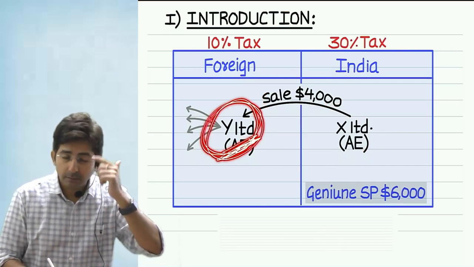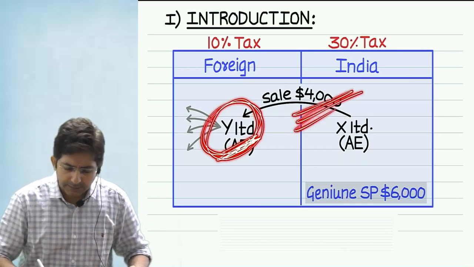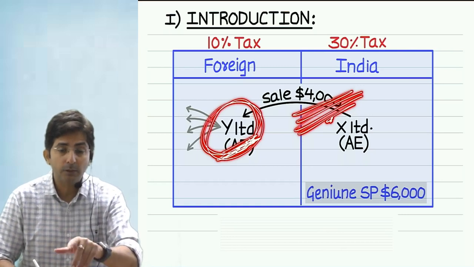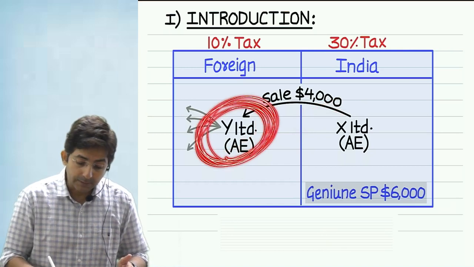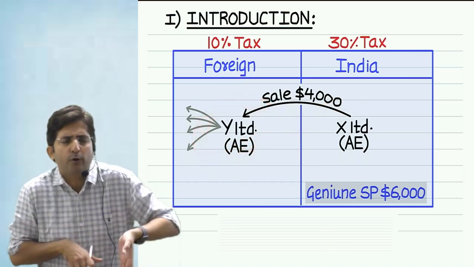So imagine, activate your brain. If in the transaction the sale price is reduced, a lower sale price will be a lower purchase cost for Y Limited. Try to think from Y's point of view.